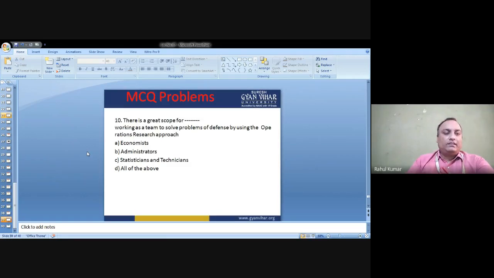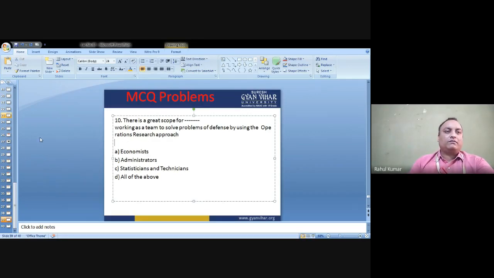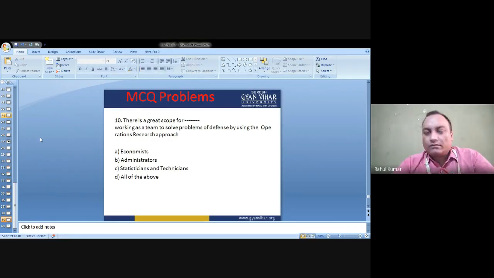For the 10th question, there is a great scope of working as a team to solve problems of defense by using an operations research approach.